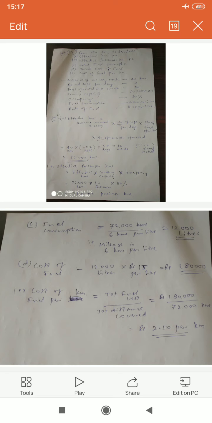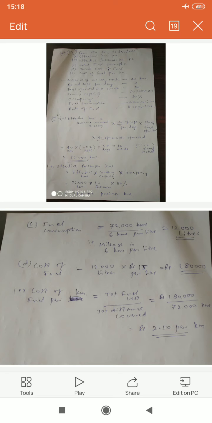Now, how many number of round trips per day were travelled by that particular vehicle? The total number of trips travelled by that vehicle is 3 round trips, totaling to 6 trips. Therefore, in brackets it is written as 3 into 2 because 3 round trips, in the sense 3 multiplied by 2, 6. 1 round trip comprising of 2 trips, 3 round trips comprising of 6 trips, multiplied by number of days operated in a month.